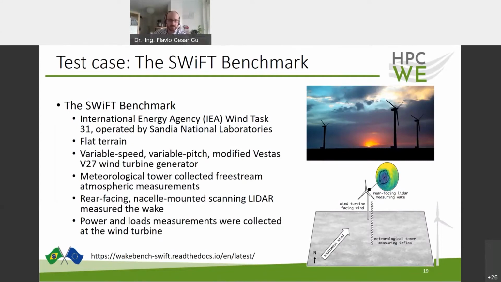They have measured the turbine and also wakes in flat terrain, and they have used this modified Vestas V27 wind turbine generator. From this benchmark, we have power and load measures in a series of atmospheric conditions.